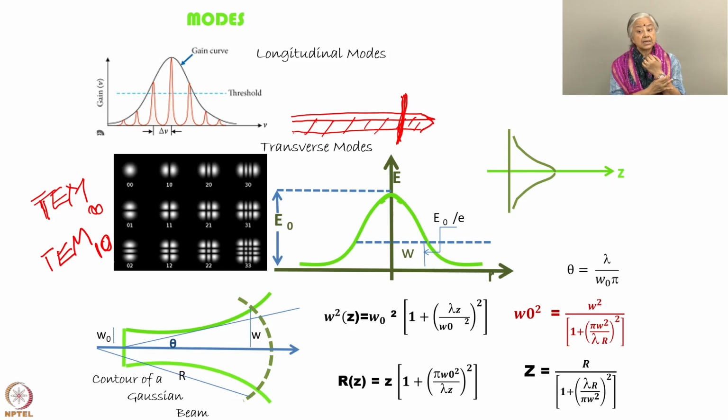But then the lasing medium is the laser itself, the light is a wave. So, it has a wave front and it behaves like a wave. So, we have got to consider that.